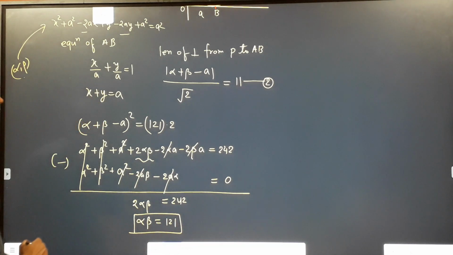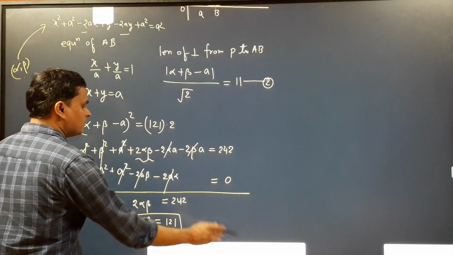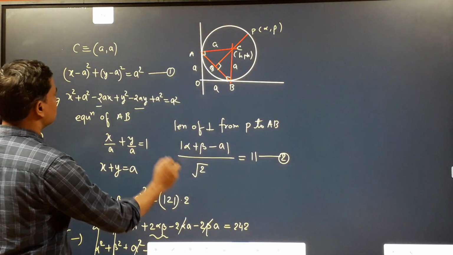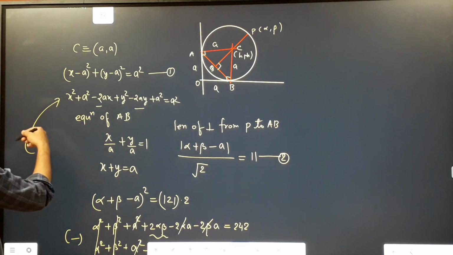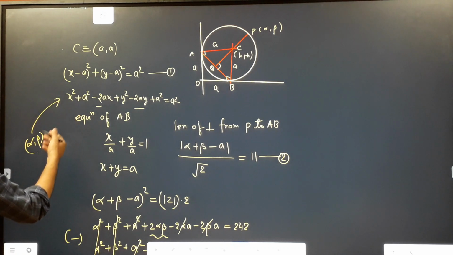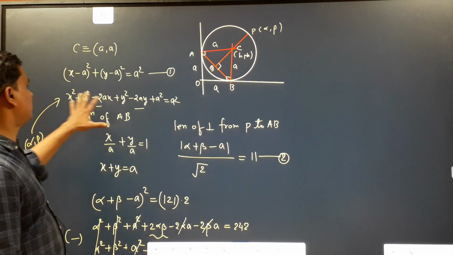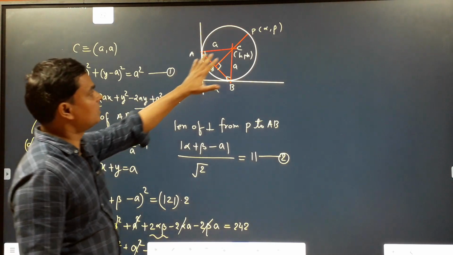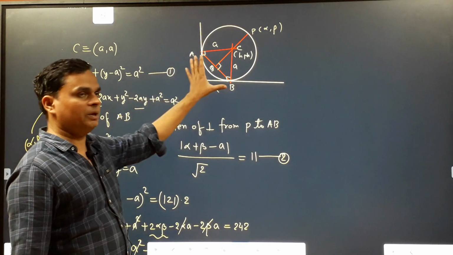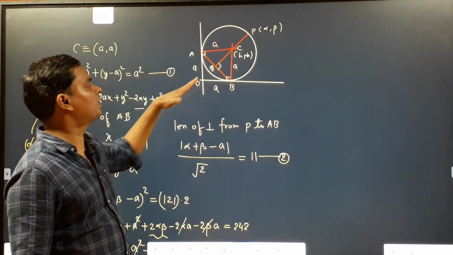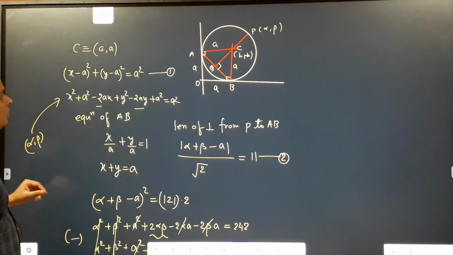So what I did, first of all, I derived the equation of the circle. In that circle's equation, I put the value alpha beta in place of x and y, because the alpha beta lies on this circle. After that I found the equation of AB, and then I found the length of perpendicular from point P to AB.